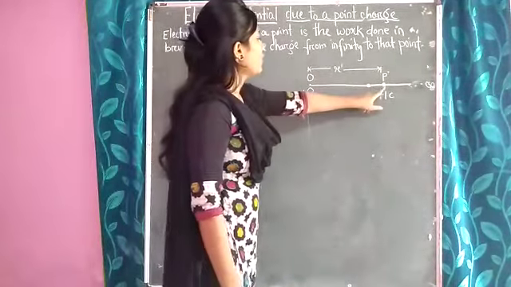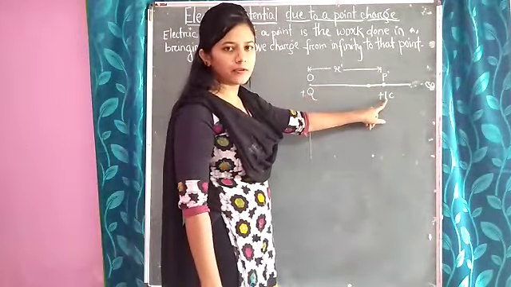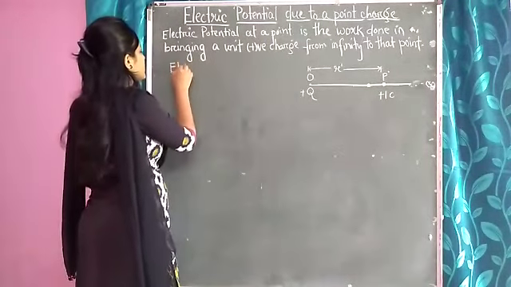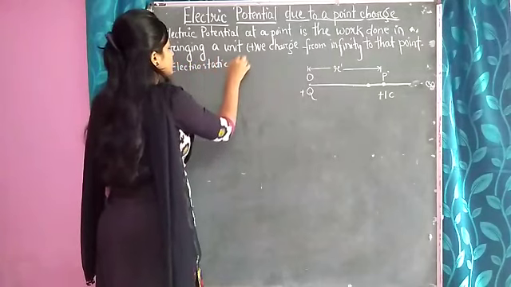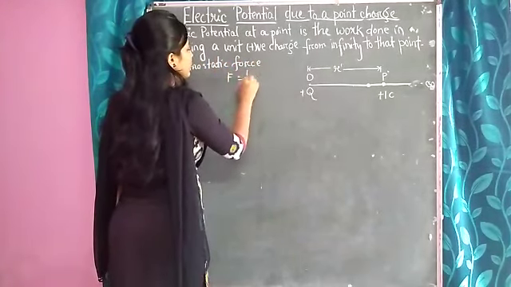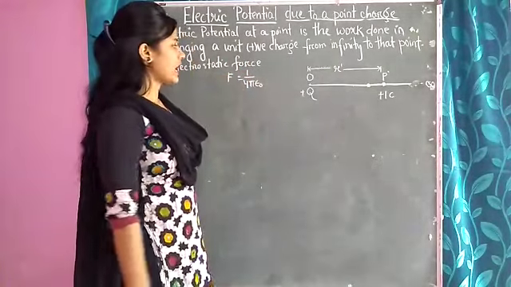Since this is a plus Q charge and here we have plus 1 coulomb, first we will write the electrostatic force. The electrostatic force expression, as we know, F equals 1 by 4 pi epsilon naught Q1 Q2 by R square.